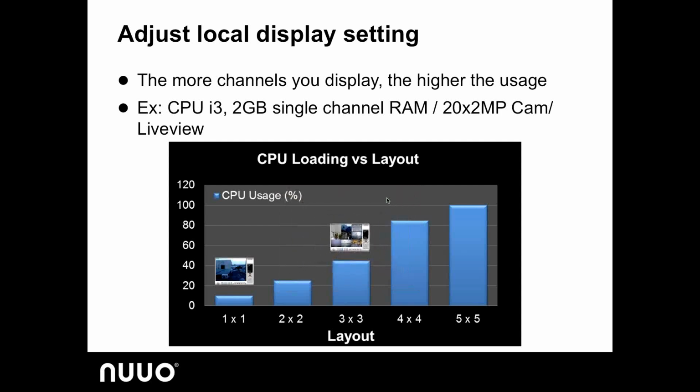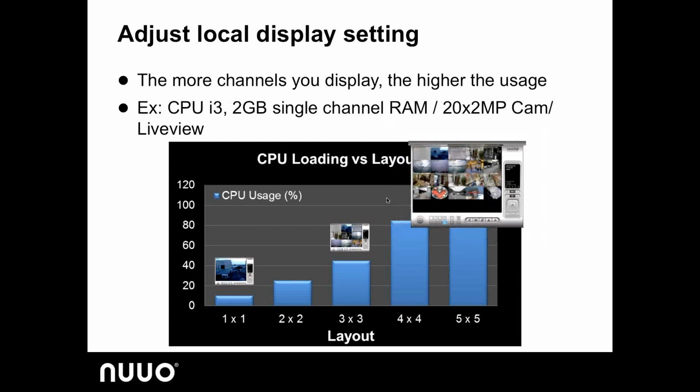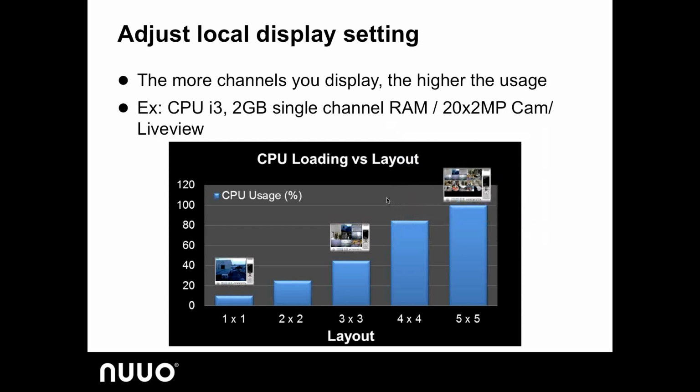And what if we are using a 3 by 3 layout? The CPU will increase a little bit to 42% usage. And what if we are viewing the 5 by 5 layout? The CPU will reach the limitation, like 100%.